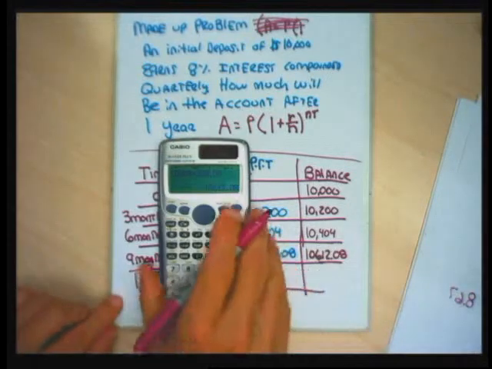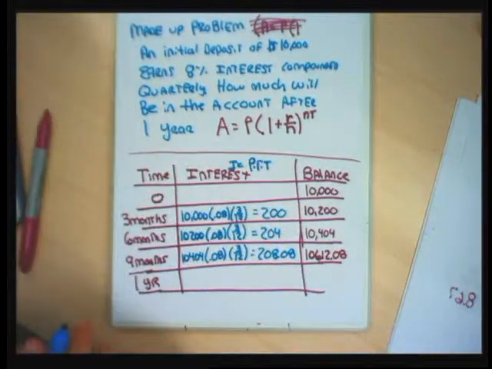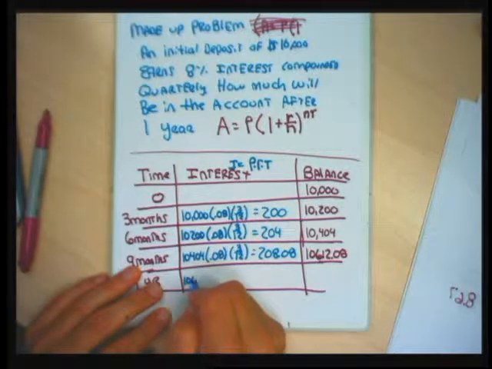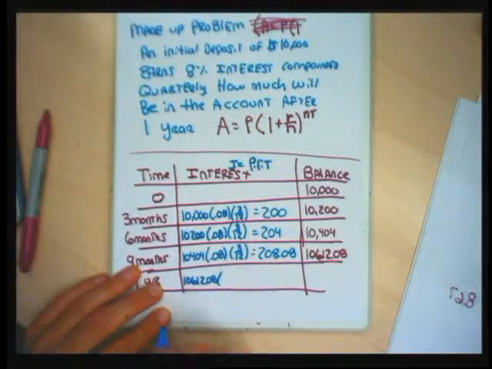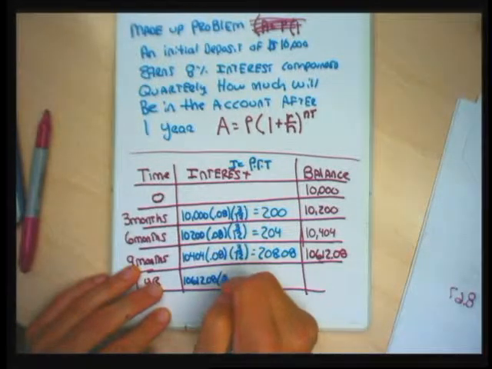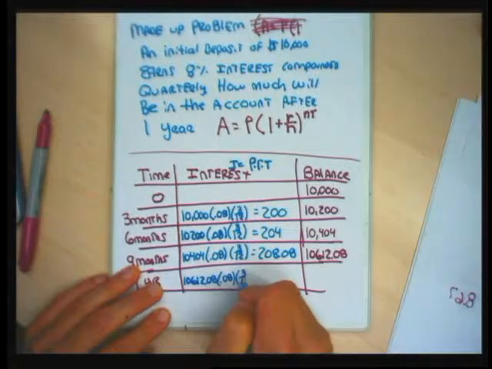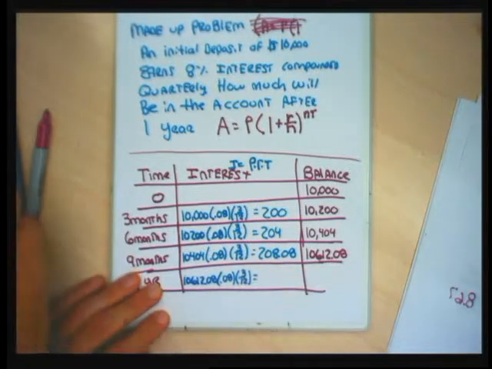I'm going to get one more interest for my first year, and it's going to be calculated by taking the $10,612.08 that was in the account for that quarter times the 8% times the time, which is 3/12 of a year or a quarter.